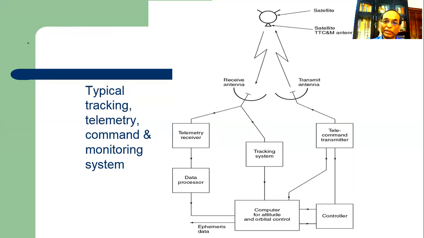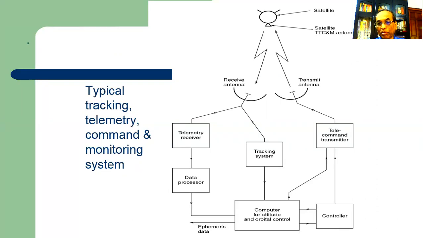One is going to the tracking system, another is the telemetry receiver, data processor, and going to the main computer for attitude and orbital control.